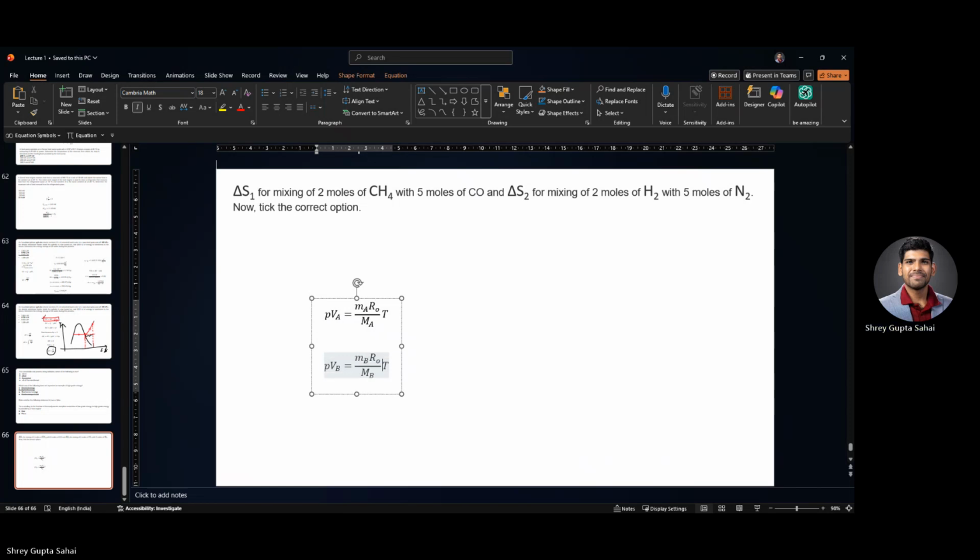Now, if you realize, m_B divided by molar mass is actually moles, right? You can write it as m_B by R naught. This is the universal constant, so let me put it as R_u. And similarly, this will also follow.